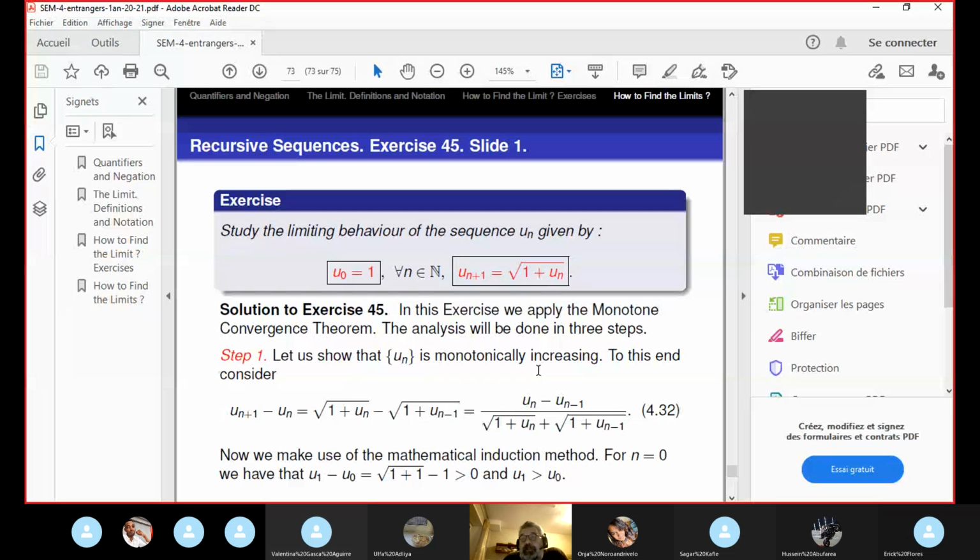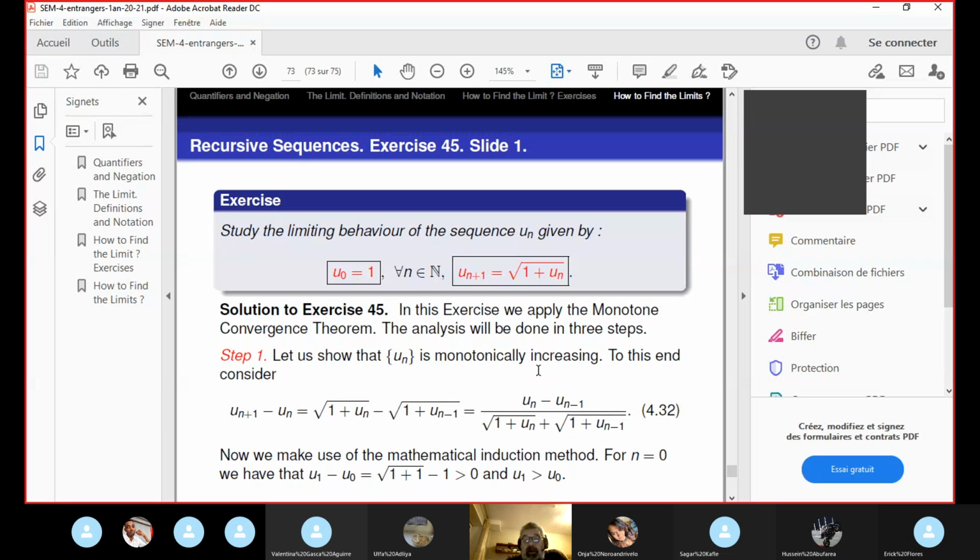Then, as usual, I multiply the numerator and the denominator by the conjugate. So I multiply my difference by the quantity square root of 1 plus u sub n plus square root of 1 plus u sub n minus 1, and I divide also by the same quantity.